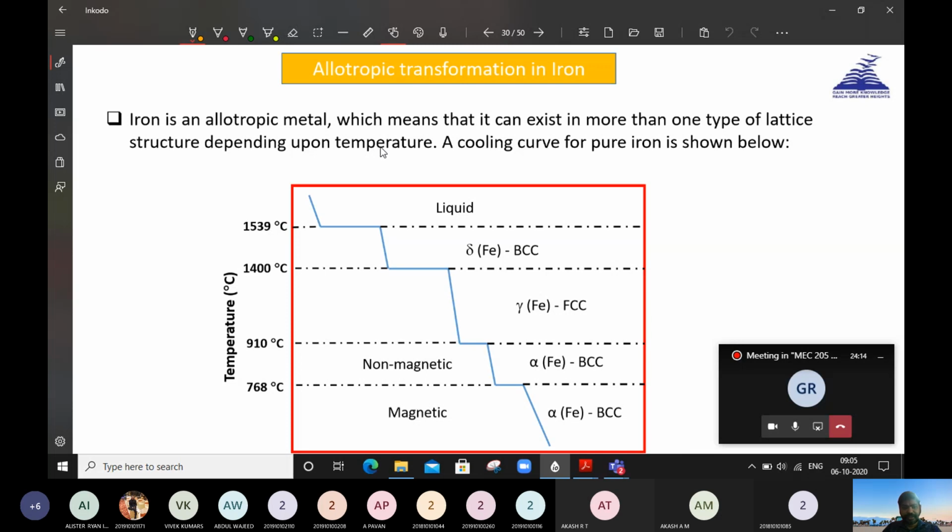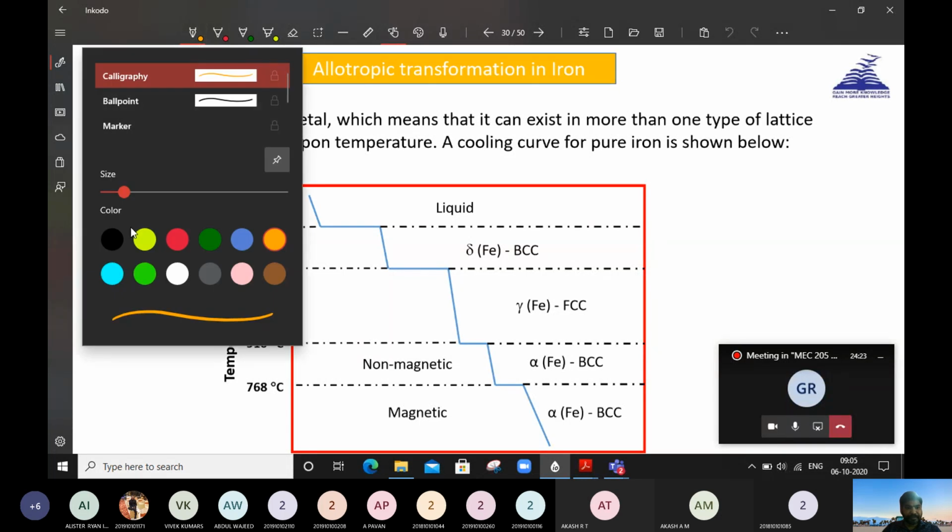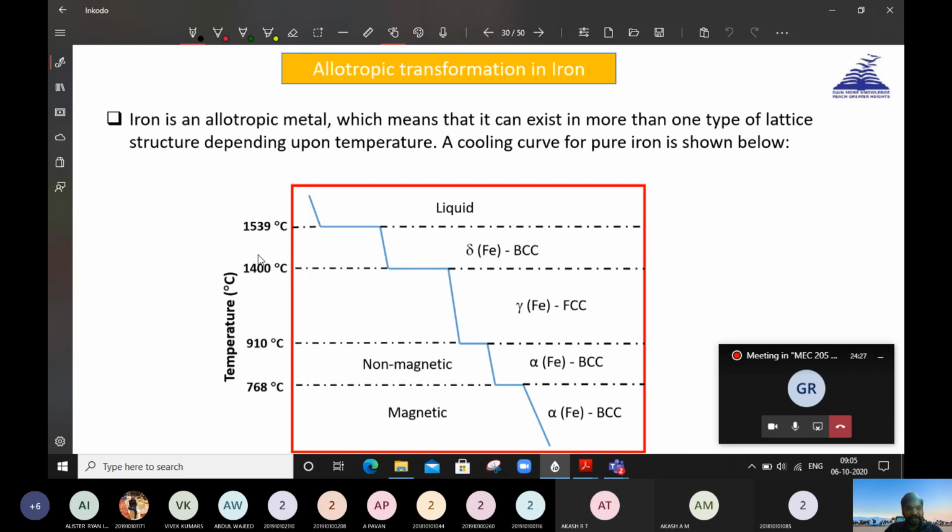If you take any other material, say for example copper, suppose I have taken pure copper here, 100% copper. Now you just heat the copper.